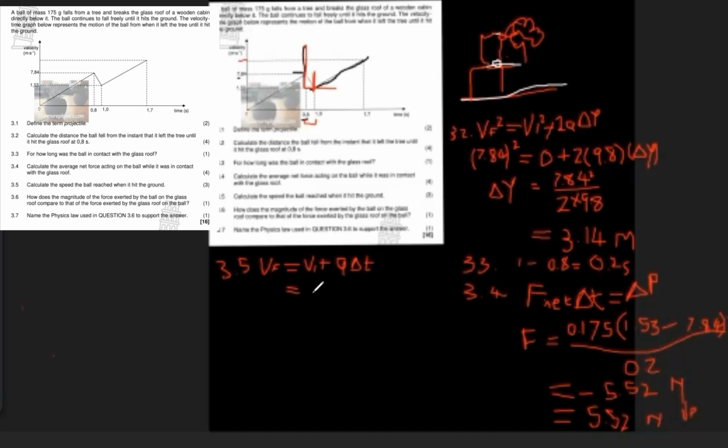So the VI would be 1.53. As I said, this is the velocity of the ball when it left the glass, plus 9.8. Remember, we said everything going down would be positive. 9.8 multiplied by what? What is the change in time? Our change in time would be from 1 to 1.7, which would be 1.7 minus 1, which is 0.7.